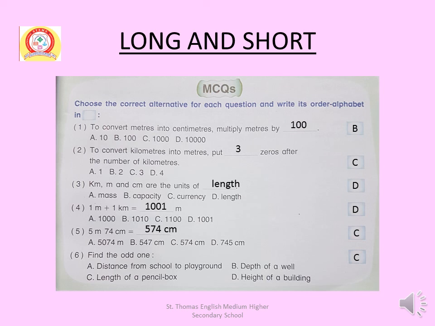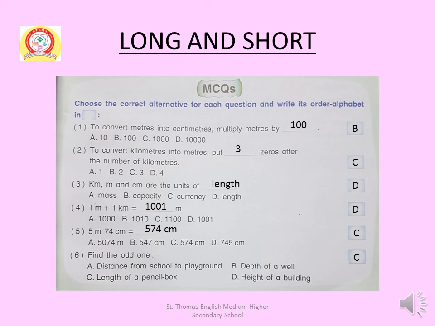Question 6. Find the odd one. Here, distance, here option A, B and D are larger lengths. That is length more than 1 meter.